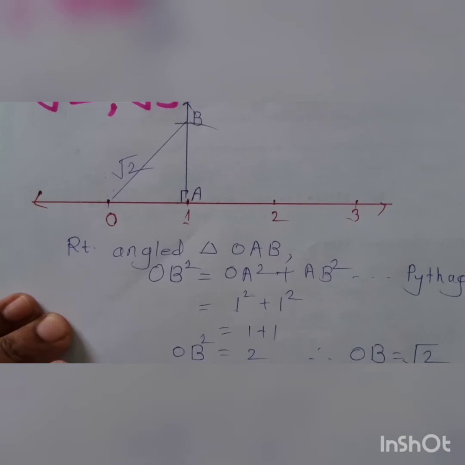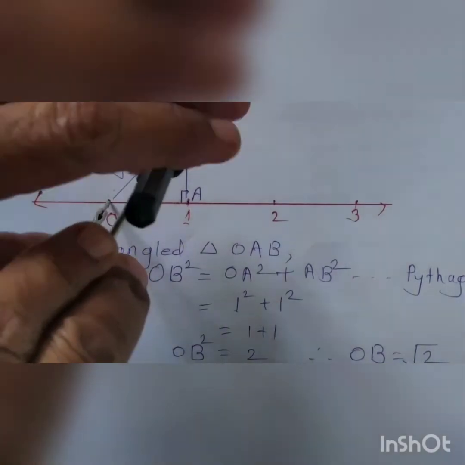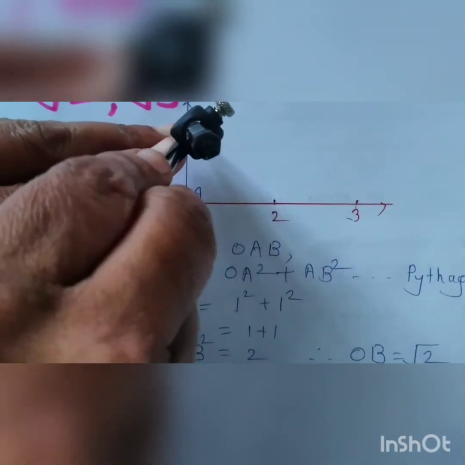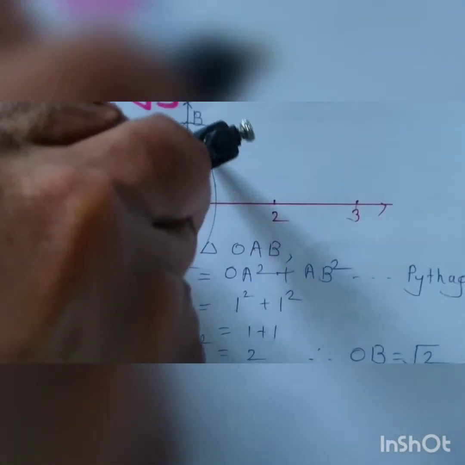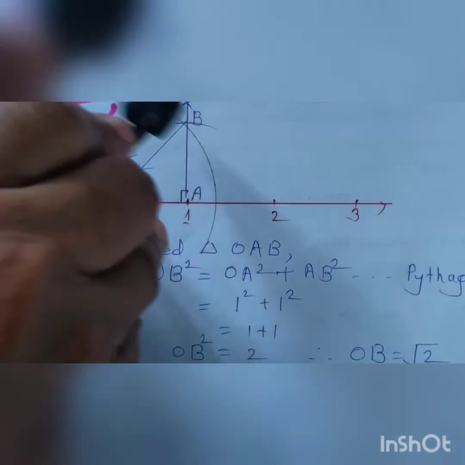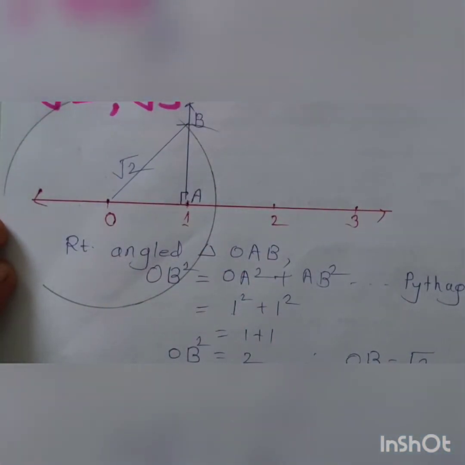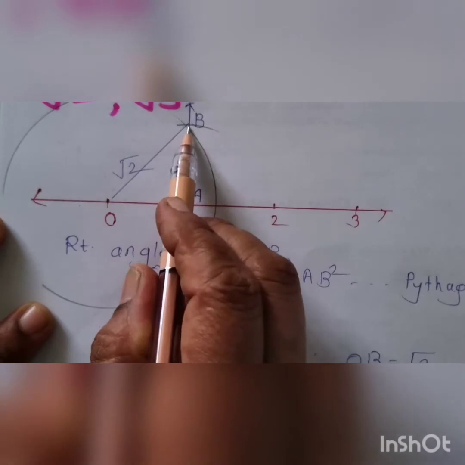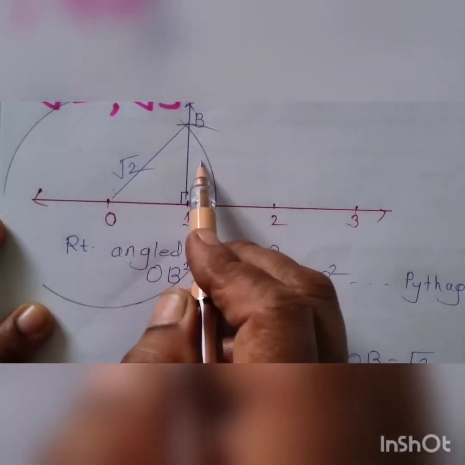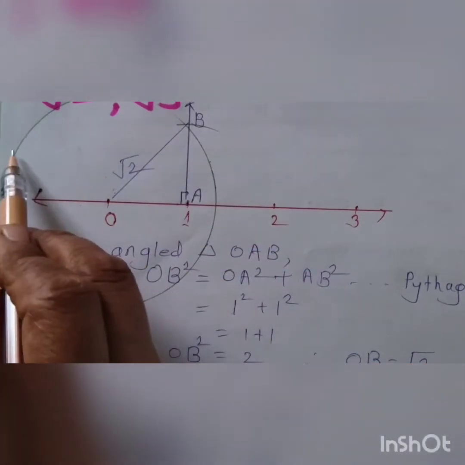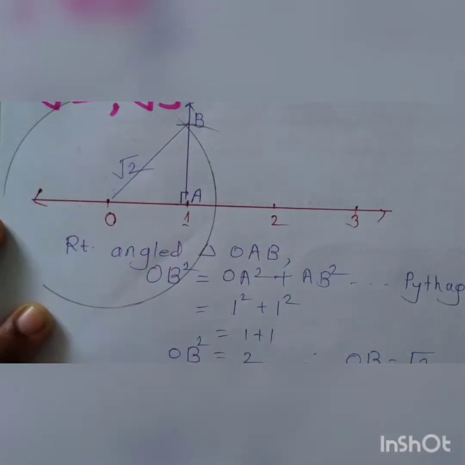When we construct a circle taking O as center, OB as radius, like this way, on this circle each and every point is at a root 2 unit distance, means this B is at root 2 distance. If we take any other point here, it will also be at root 2 distance.